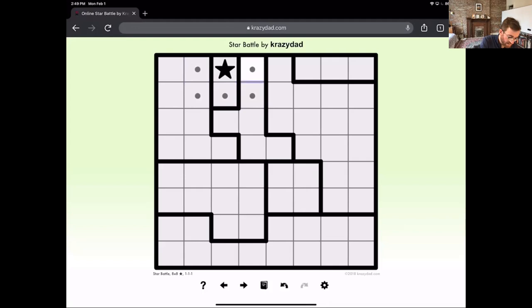And if I had a star here, then I could not have a star here, here, or here. And so if I look at the intersection of where there's not a star, then I get these two dots on either side.